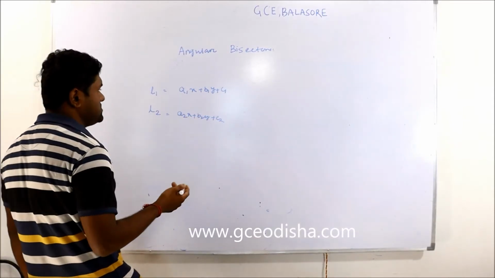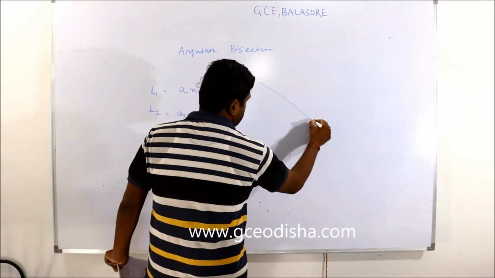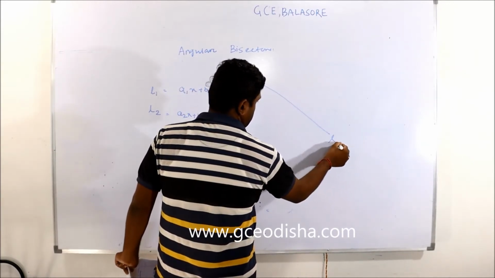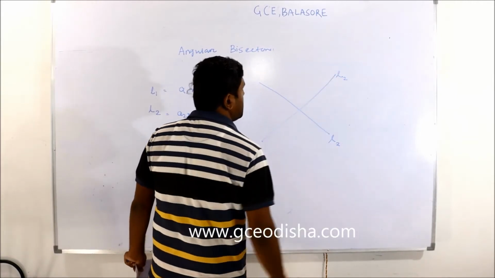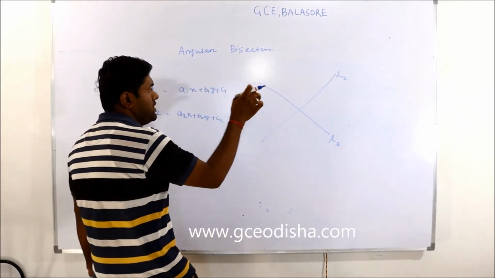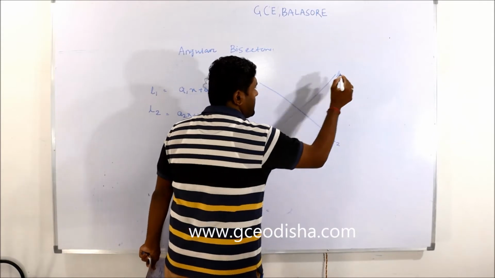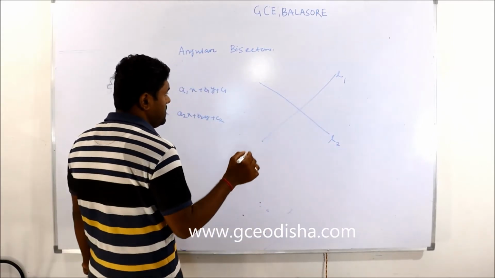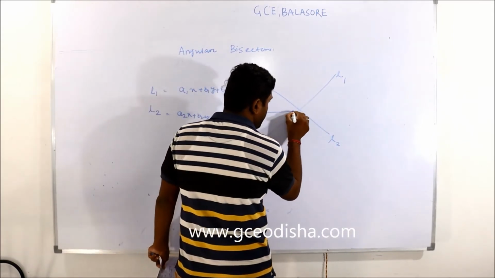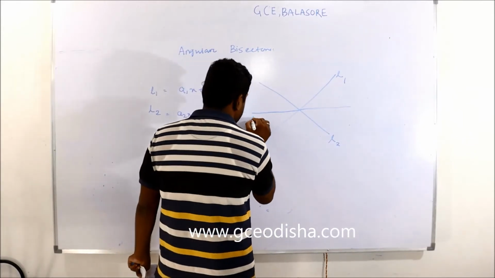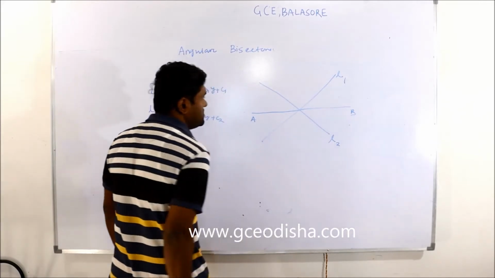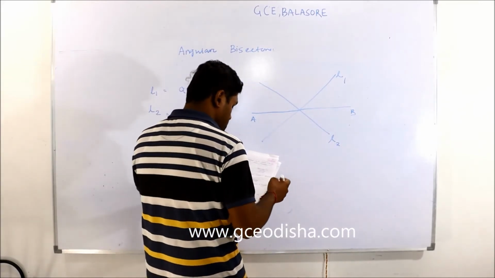Okay, two lines are there. One is L1 and another is L2. Okay, this is the angular bisector between two lines. This line is like AB. This is the angular bisector between two lines.